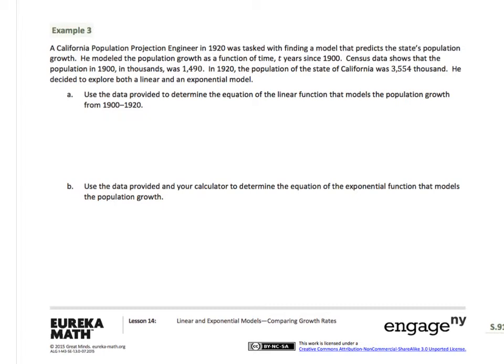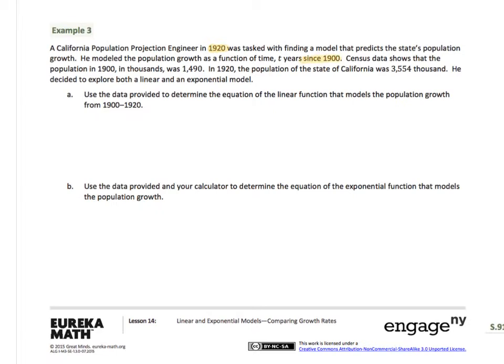Example 3. A California population projection engineer in 1920 was tasked with finding a model that predicts the state's population growth. So let's go ahead and highlight this. In 1920, he modeled the population growth as a function of time t years since 1900.